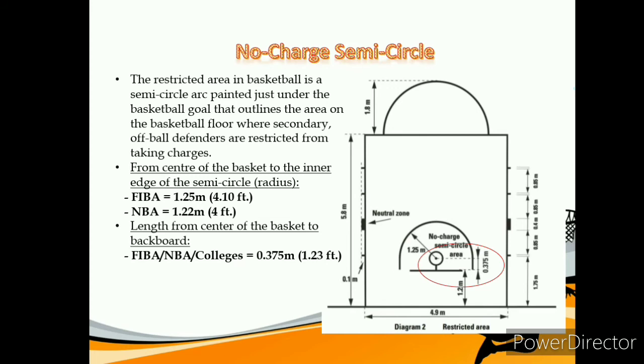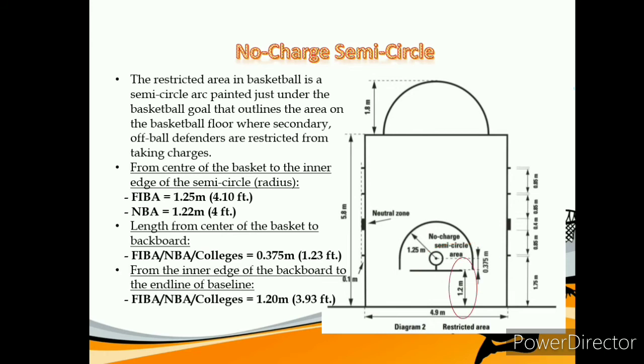In FIBA, NBA, and colleges, they all have the same size, which is 0.375 meters or 1.23 feet long. And lastly, from the inner edge of the backboard to the end line or baseline, all of the basketball courts again have the same measurement, which is 1.20 meters or 3.93 feet long.